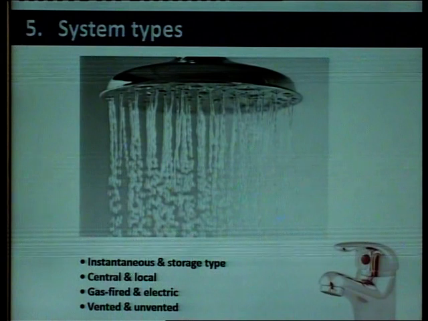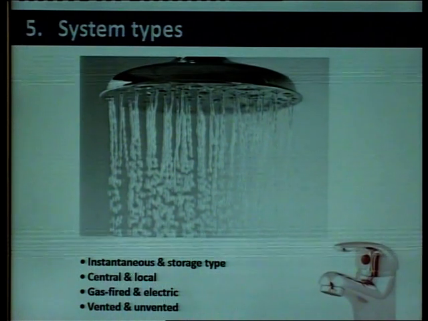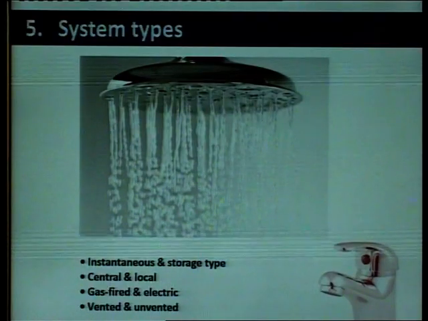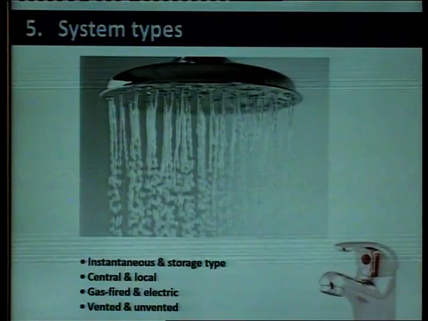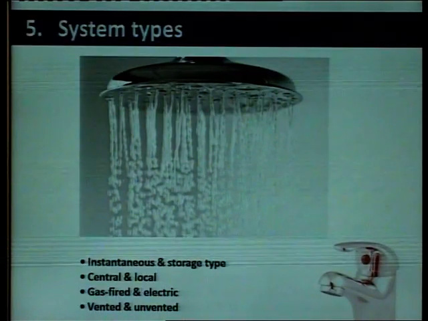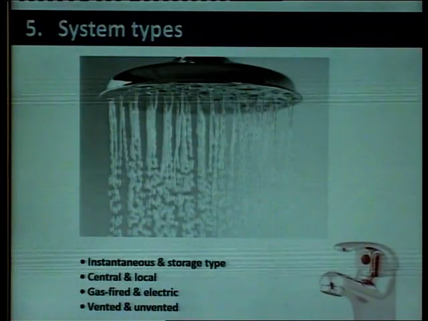Then you could also classify the systems as gas fired and electric. So, this is very simple, of course. I hope you understand that the normal method of heating the water would be electric, as we are very familiar, but you could also have a gas fired system.